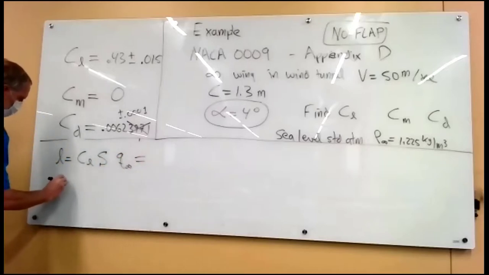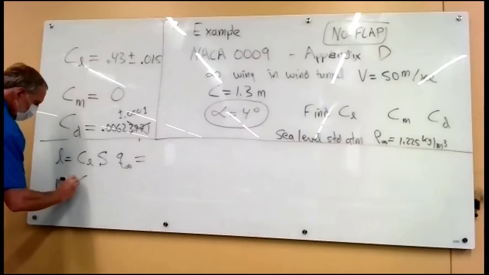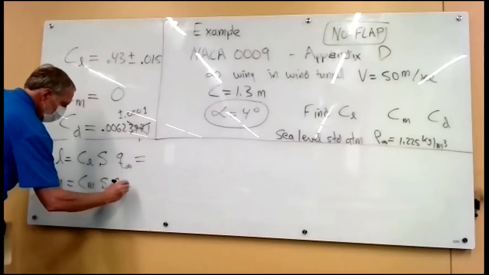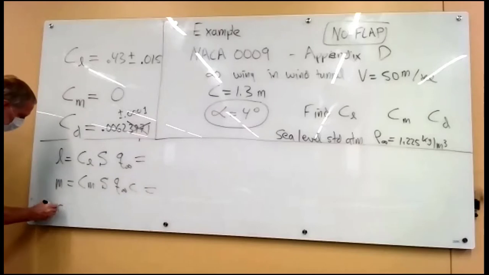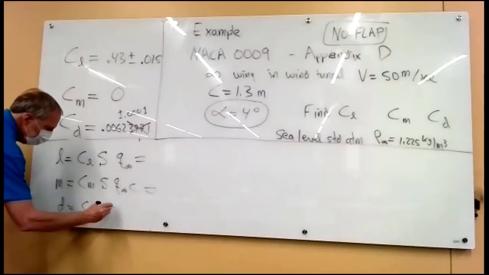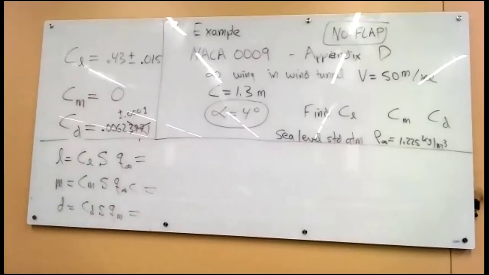And then to get the drag, let's do the pitching moment. The total pitching moment is going to be CM times S times Q infinity times the chord. Remember that it got divided by that. And then the drag is CD times S times Q infinity. So we need to calculate Q infinity.